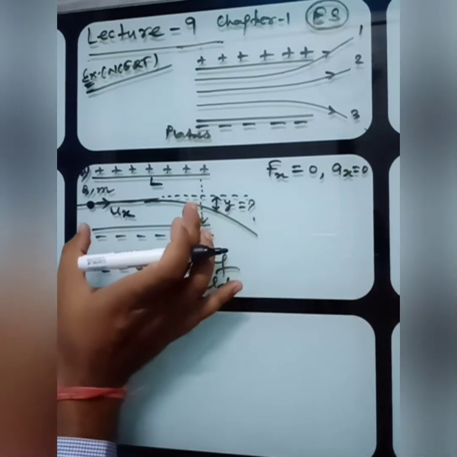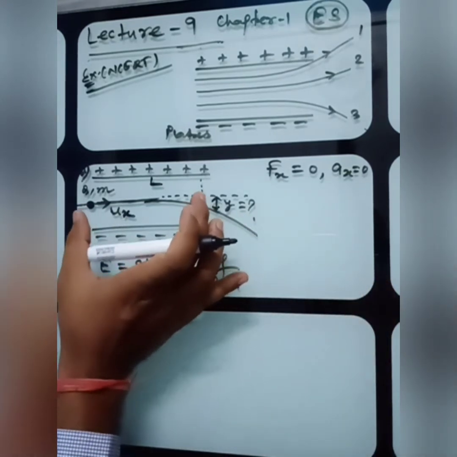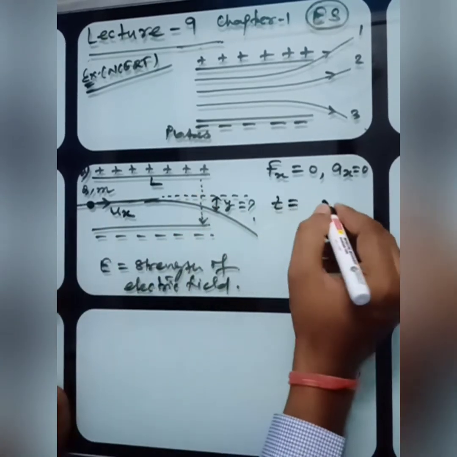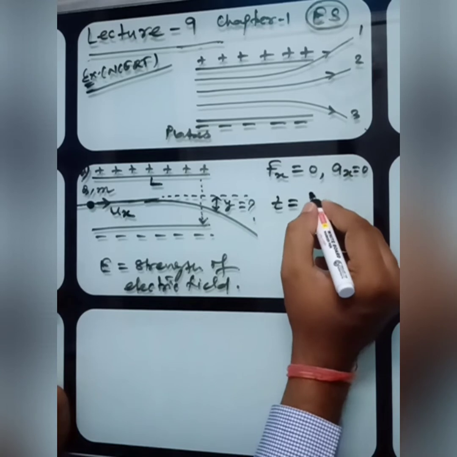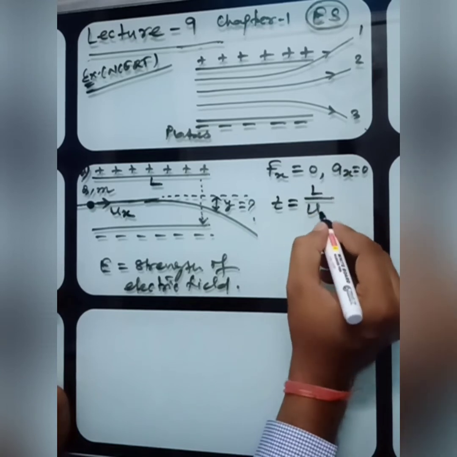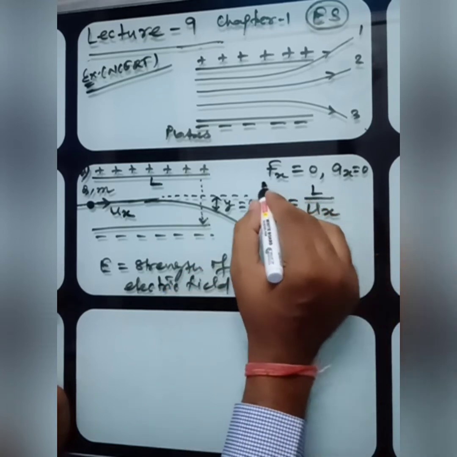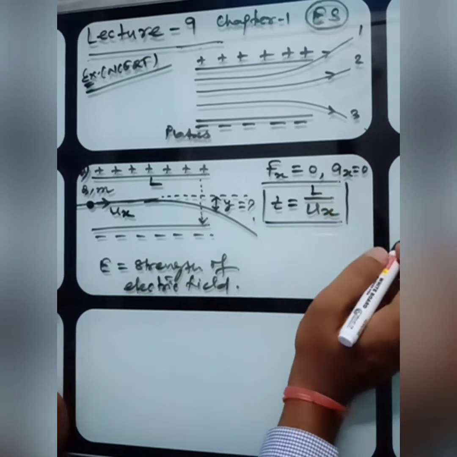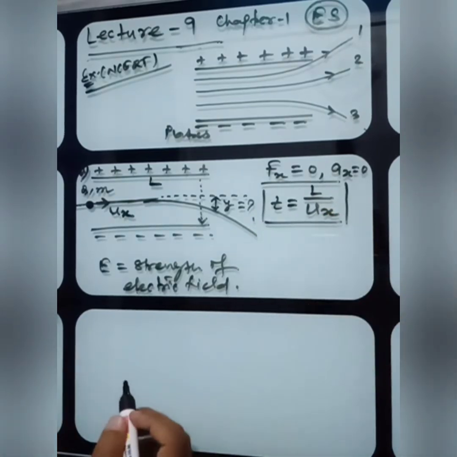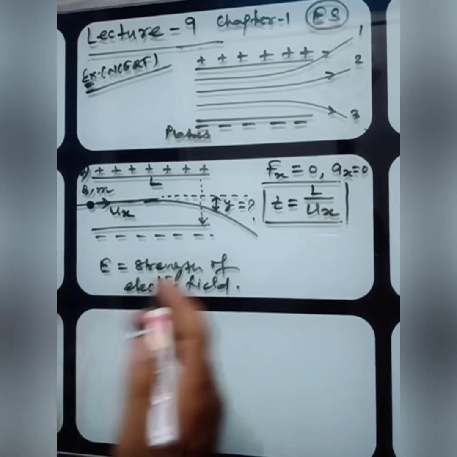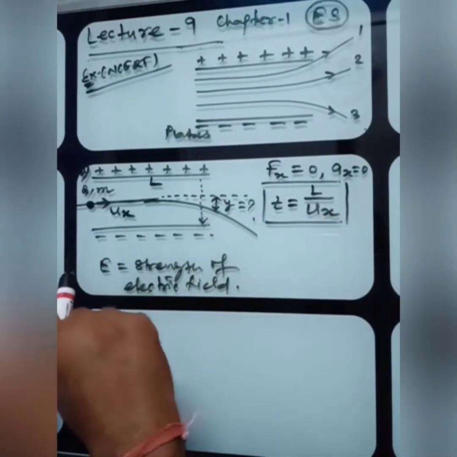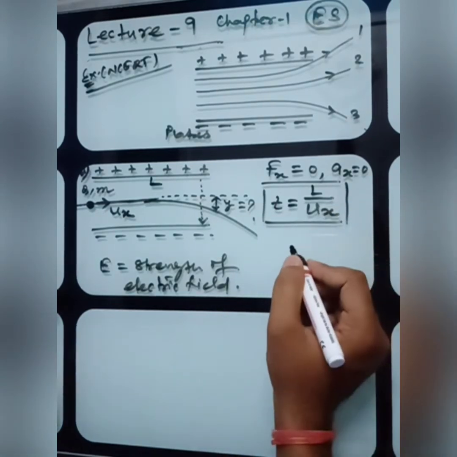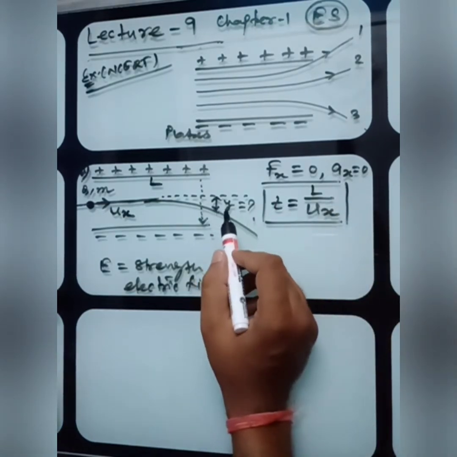So the time this charge will take to leave the plate can be written as distance by speed, L by ux. Very good. If you are asked the nature of the charge, of course you can say it is a positively charged particle.